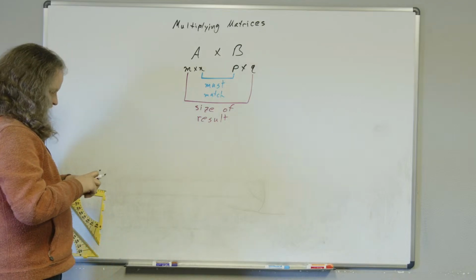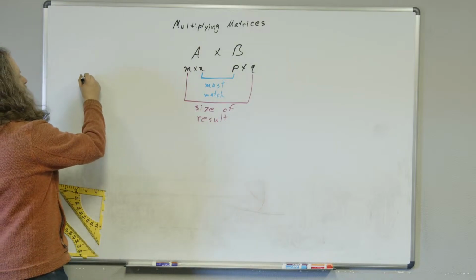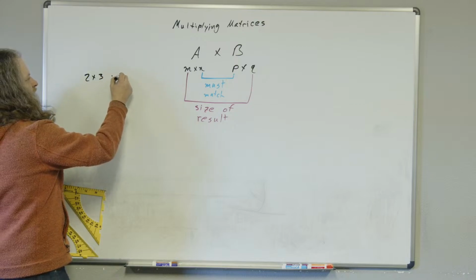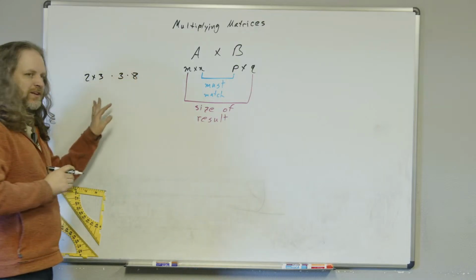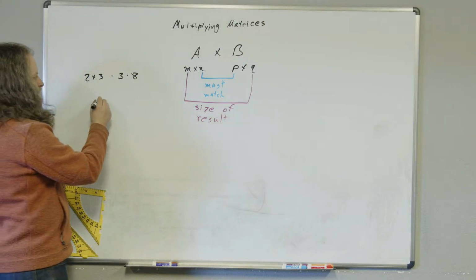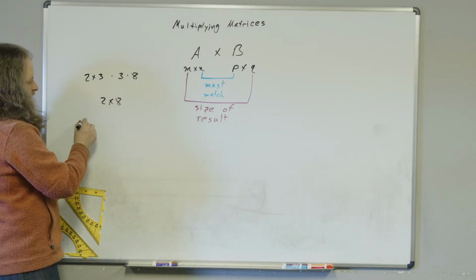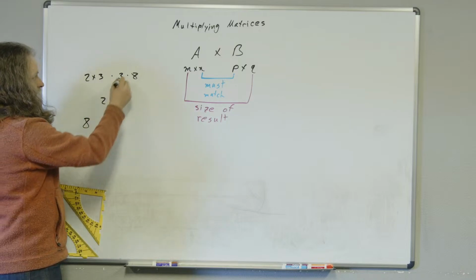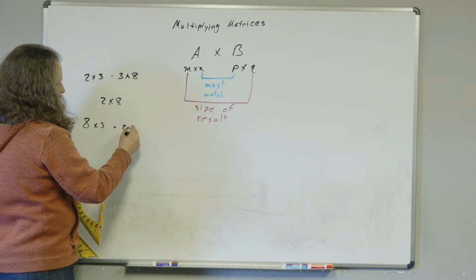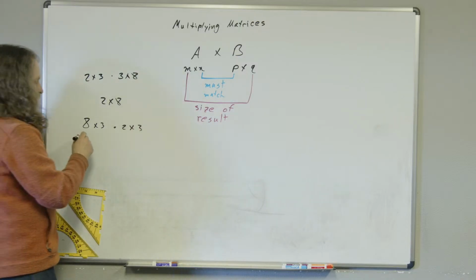So, for example, if we multiplied a 2 by 3 times a 3 by 8, we could do that in that direction, and the result would be a 2 by 8 matrix. But if we took these same two matrices and tried to multiply them this direction, an 8 by 3 times a 2 by 3, we could not multiply those together. They would have no result.